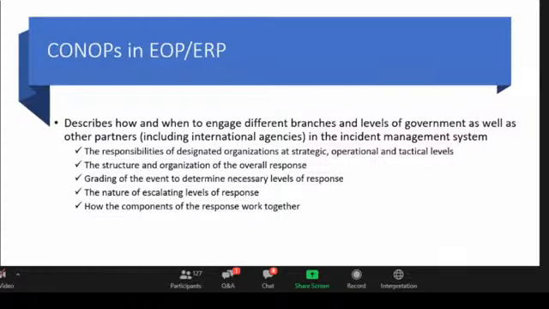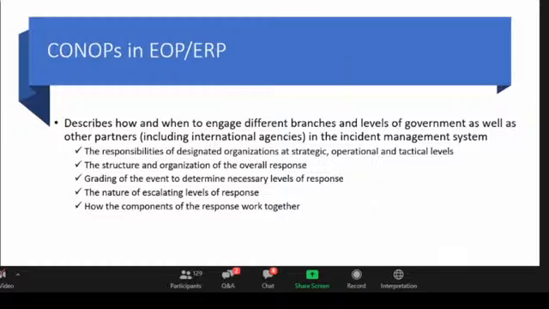It covers the responsibilities of the designated organizations at the three levels, from an operations point of view, and the structure and organization of the overall response, which usually means the incident management system, like what we showed in the first example from the WHO strategic preparedness and response plan.